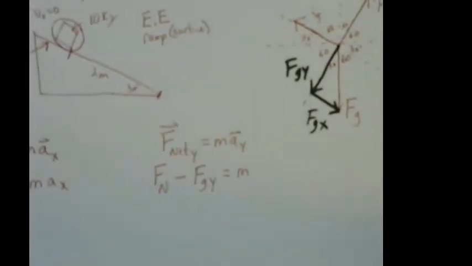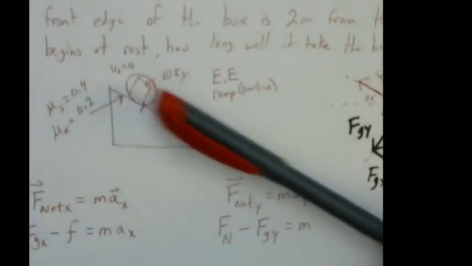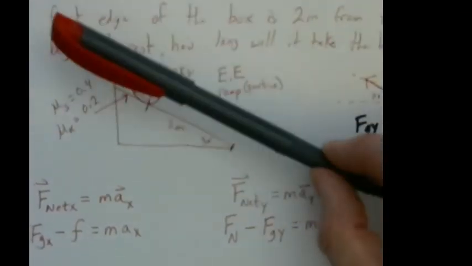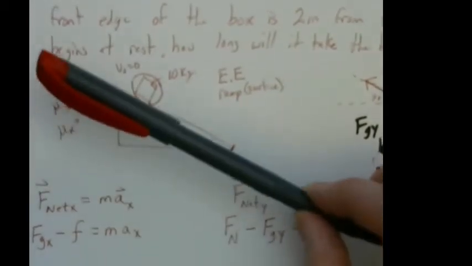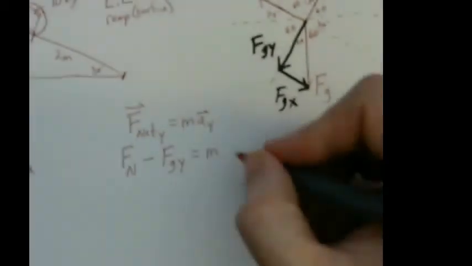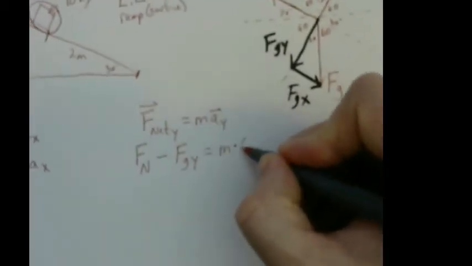But we know something about this. That box is not going to accelerate perpendicular to the surface. It's going to slide down the surface. Not up, not down, but down the ramp in this direction. That tells us that the acceleration in the y direction is 0, which is quite nice.